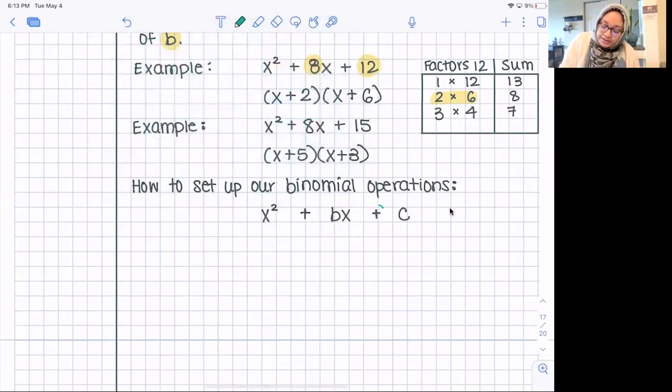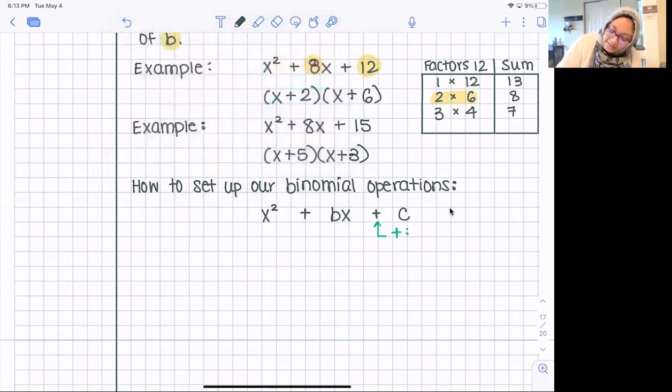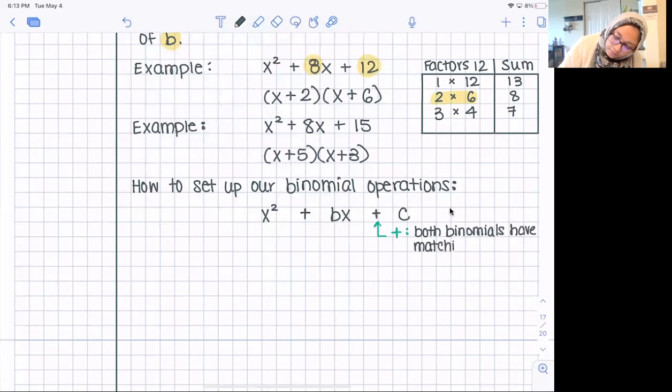So first, we're going to focus on this second plus sign or the second operation. All right. If this operation is addition, okay, if this operation is addition, that means that both binomials have matching operations.